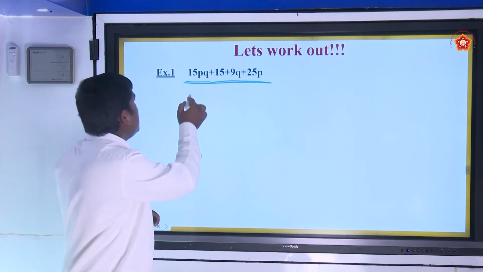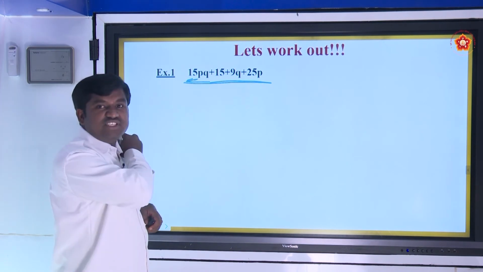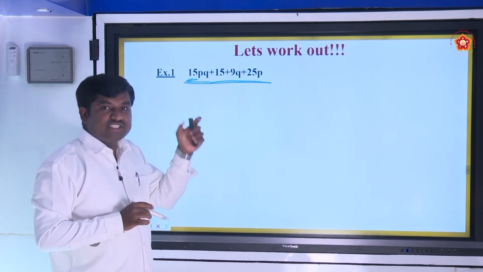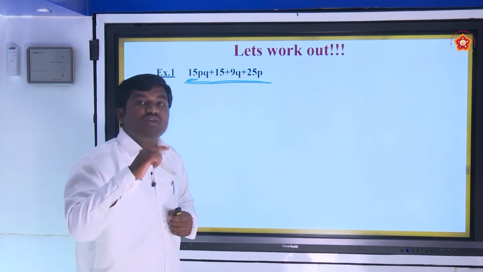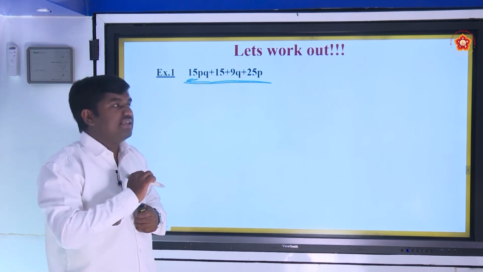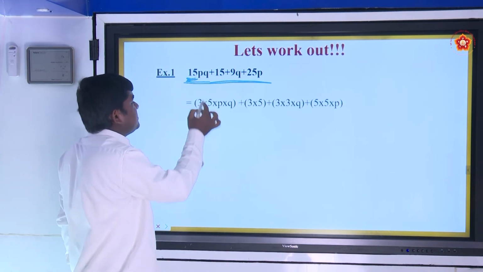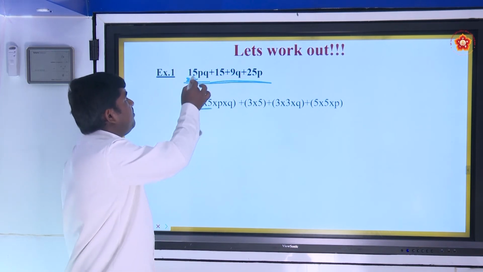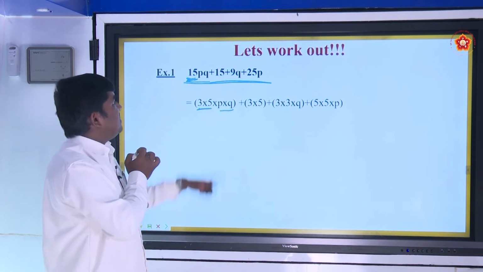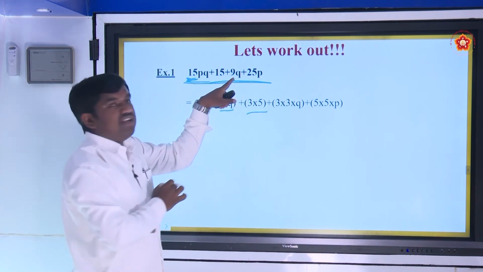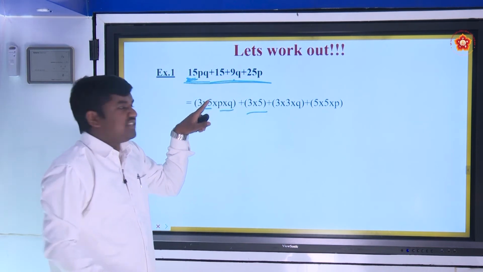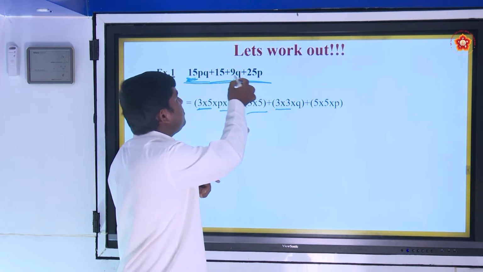See here. If the constant is a composite number, then we can express that composite number as prime factors. Okay, see here. 15 can be expressed as 3 into 5, p into q as it is. Then this 15 is 3 into 5. Then 9 is there. 9 can be expressed as 3 into 3 into q.